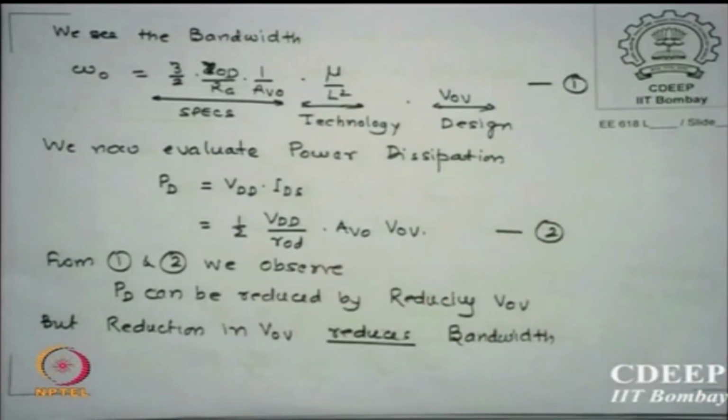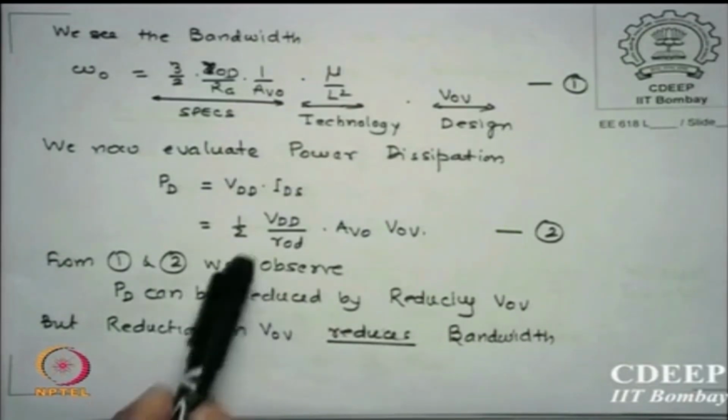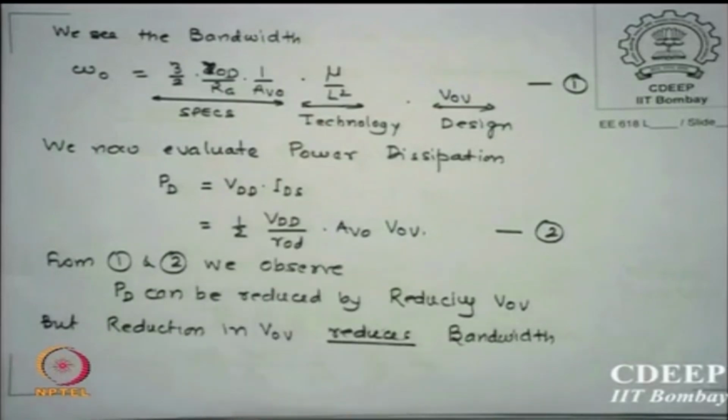GM can be written in terms of IDS, 2 IDS by VOV. I just manipulate a few things, that is what I keep telling you. So I get half VDD by ROD, AV0 and VOV.